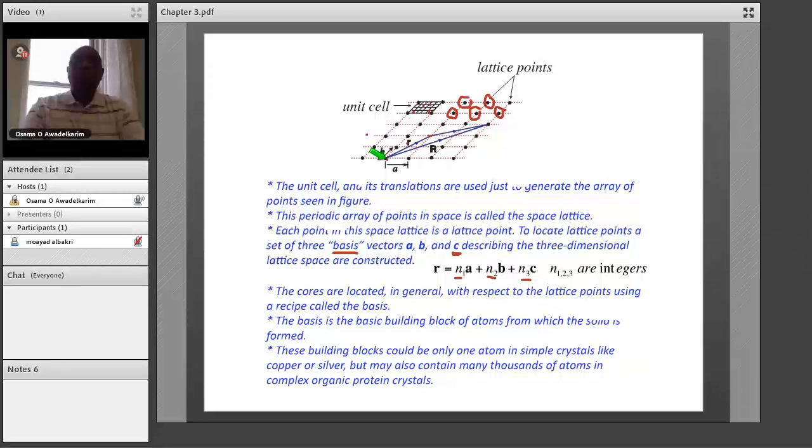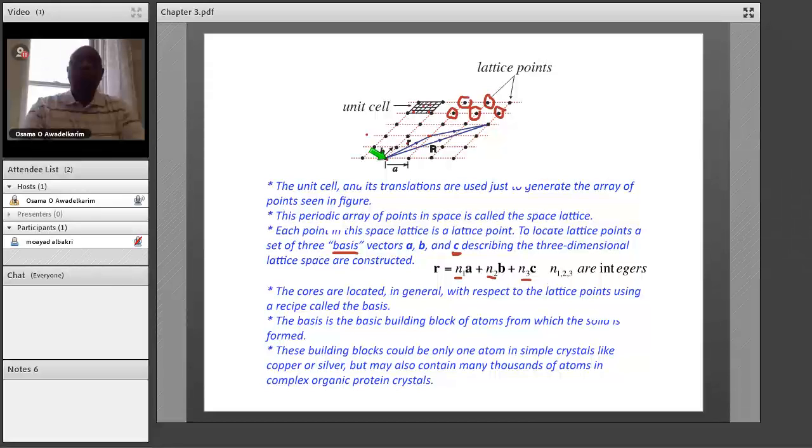Okay, so if we need to make a solid, then we simply need to create the lattice, that's the mathematical abstraction, and then look at the unit cell, how it is shaped or formed, and then use the unit cell to produce all the lattice points by translationally moving the unit cell. And then we can define each point. Okay?